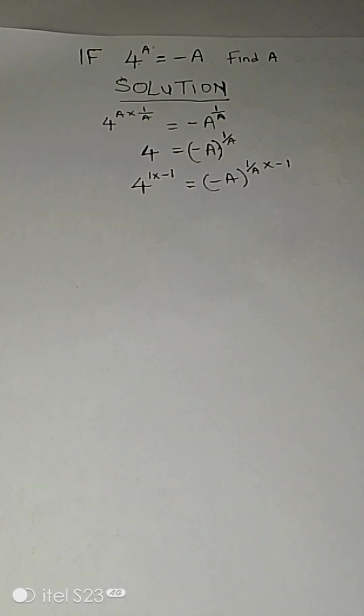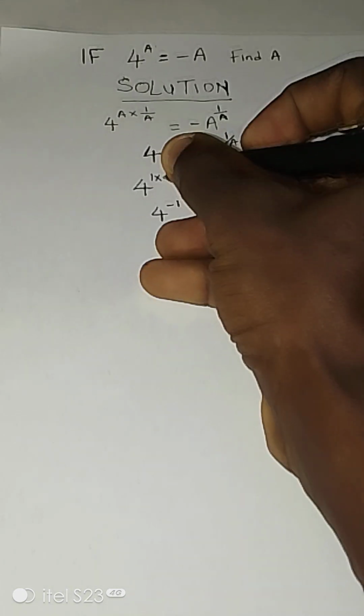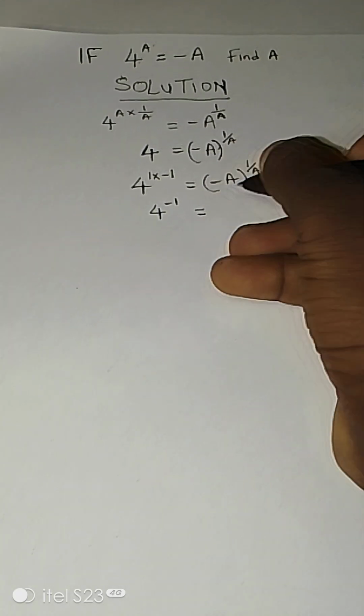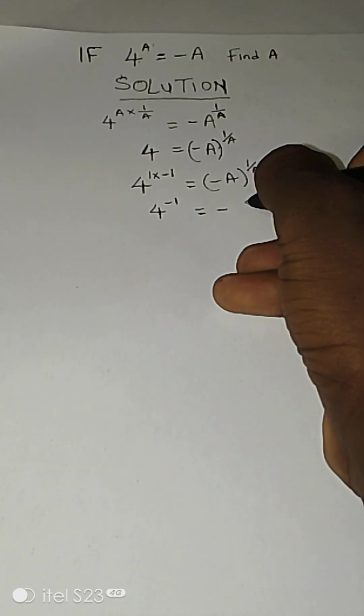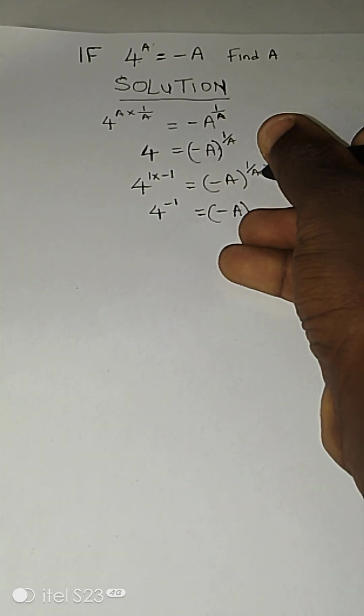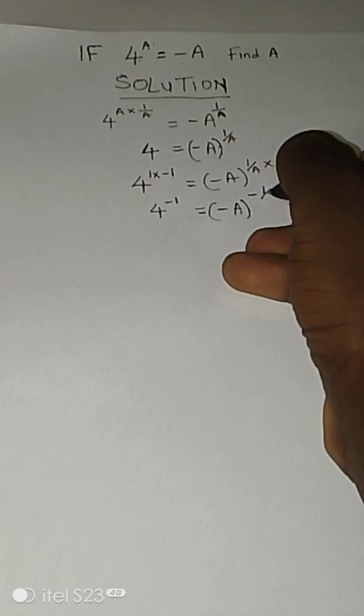I hope that is clear. So here you have 4 raised to power minus 1, because 1 times minus 1 is minus 1, equals to, you still have your minus a. So minus 1 over a times minus 1 will now give us minus 1 over a.